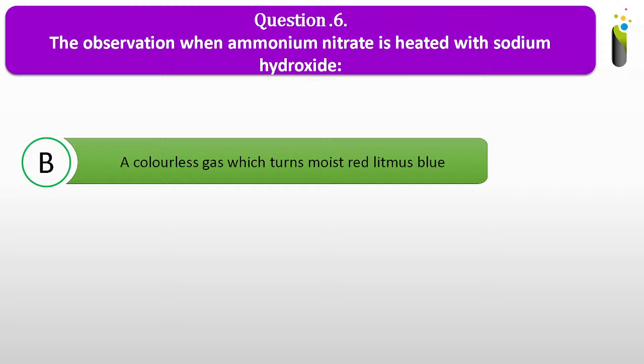So the correct answer for this question number 6 is B. When ammonium nitrate is heated with sodium hydroxide, a colorless gas which turns moist red litmus blue is released.